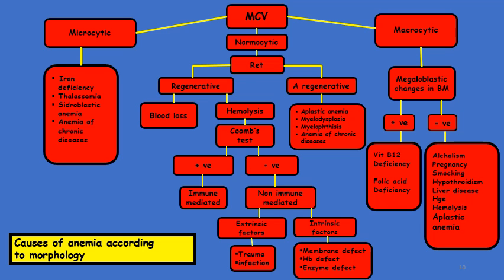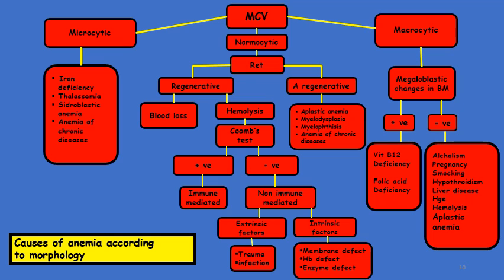Here is the morphological classification, the etiology of the anemia according to the morphology. And here is the macrocytic anemia, which is sometimes associated with megaloblastic changes in the bone marrow, or not associated with megaloblastic changes in the bone marrow. When it is associated with megaloblastic changes in the bone marrow, we call it megaloblastic macrocytic anemia.